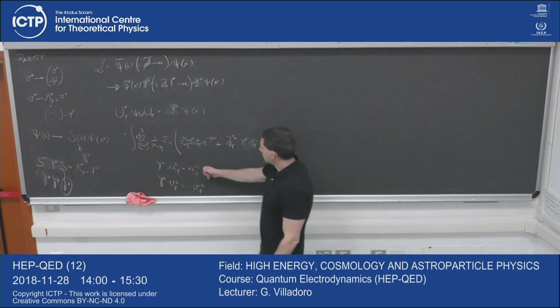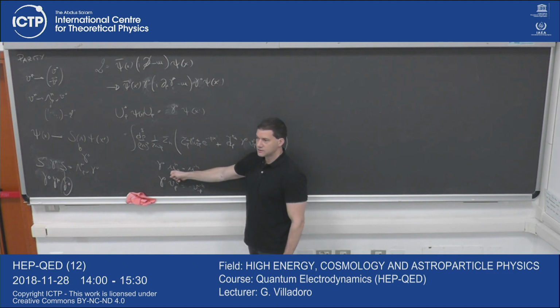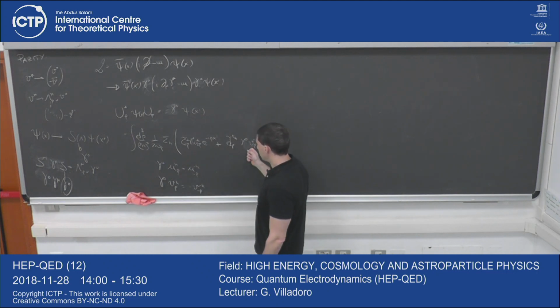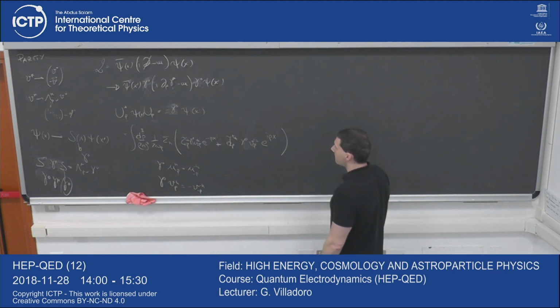So using these identities, we can relate gamma naught of u_{-p,-h} with u_{p,h}, and v_{-p,-h} with minus gamma naught u_{p,h}.